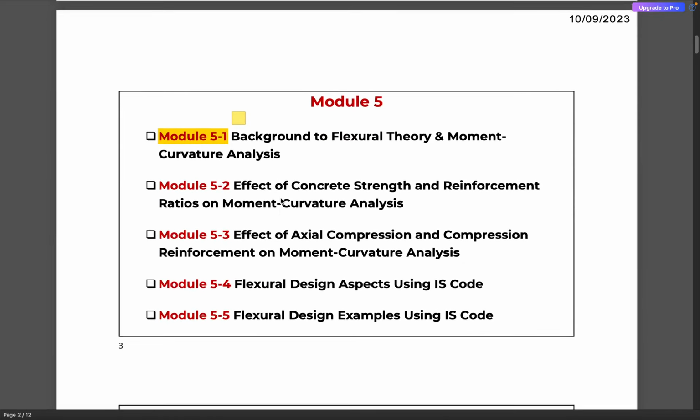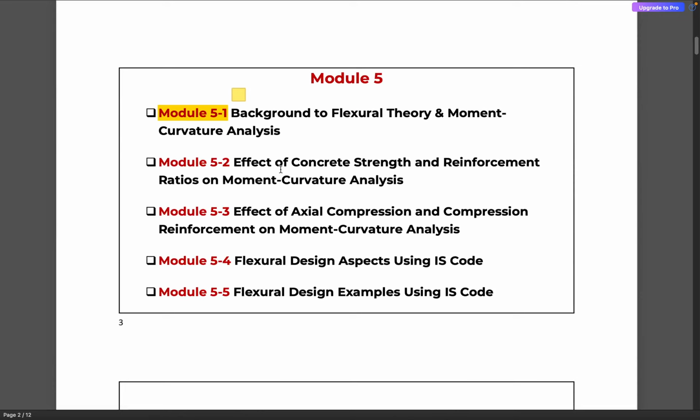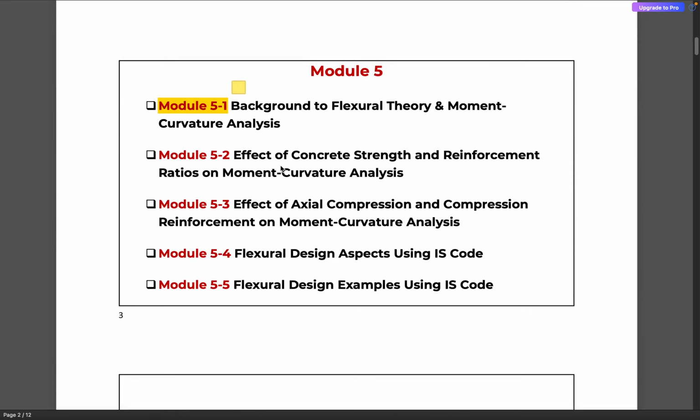In this module we are going to look into the behavior and design of flexural members, and this module has been divided into 5 parts. The first part is the background to flexural theory and moment curvature analysis. Then we are going to study the effect of concrete strength and reinforcement ratios on the moment curvature analysis. Then the effect of axial compression and compression reinforcement on moment curvature analysis.